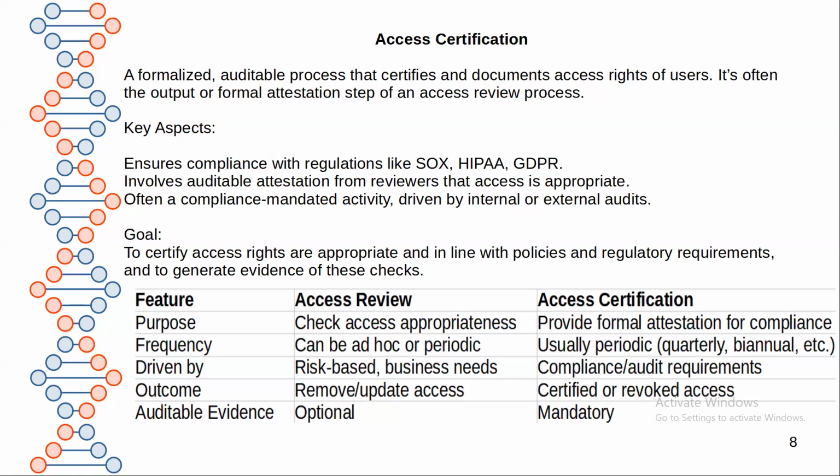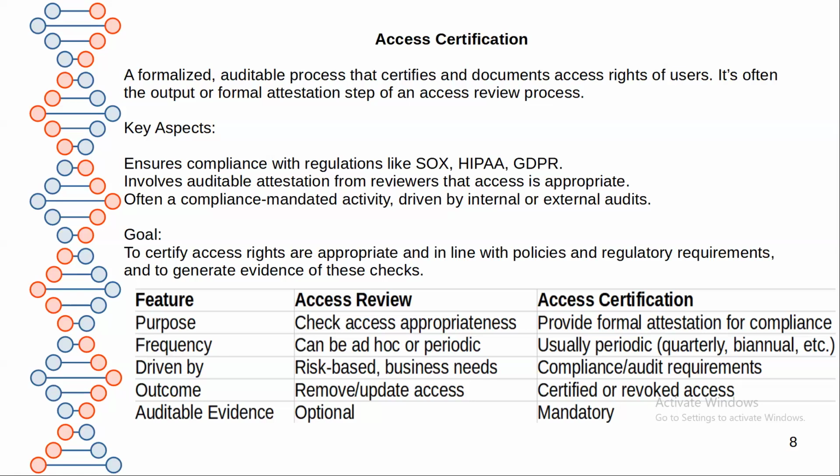Access reviews can be ad hoc or executed periodically. Access certification will be done once your access reviews are done, all the open questions answered, and all the access review reports are clear.